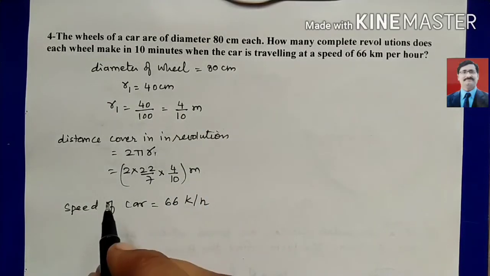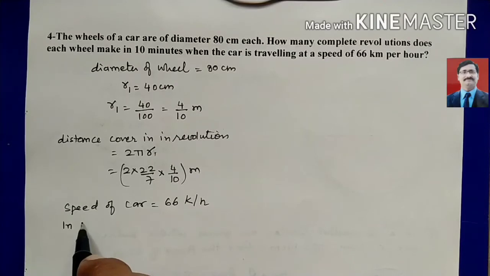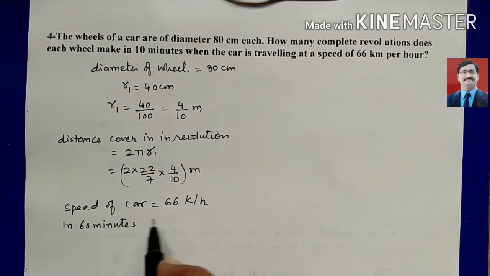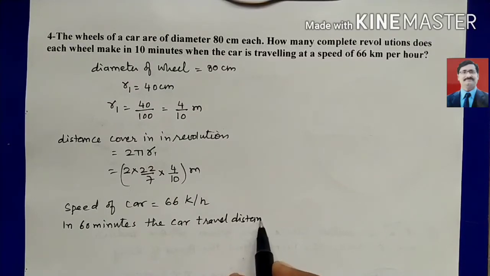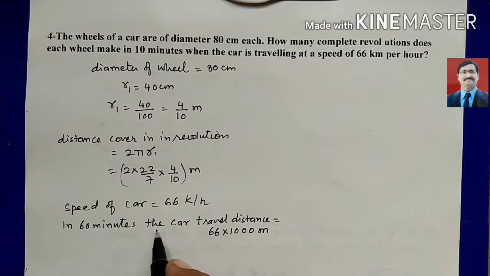Okay, so look here, in 60 minutes the car travels a distance equal to 66 kilometer, which means 66 into 1000 meter.